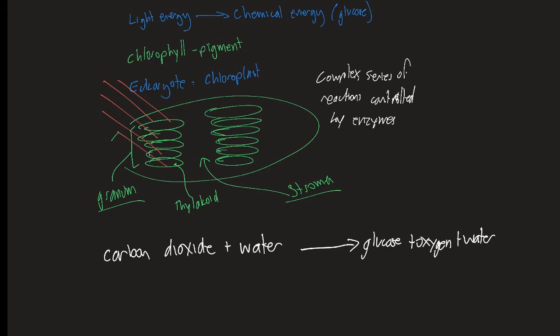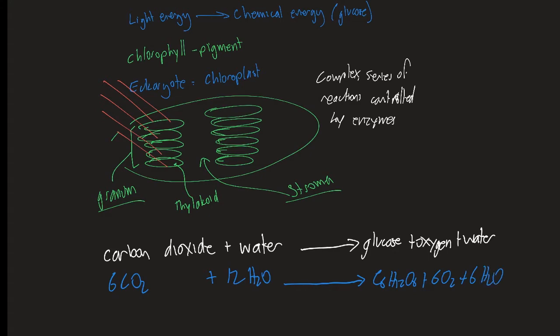So if you have a look at the balanced equation for photosynthesis, we've got 6 carbon dioxide plus 12 water, and we get C6H12O6, which is of course glucose, plus 6 oxygen plus 6 water.